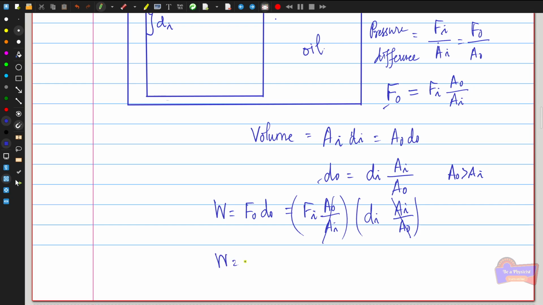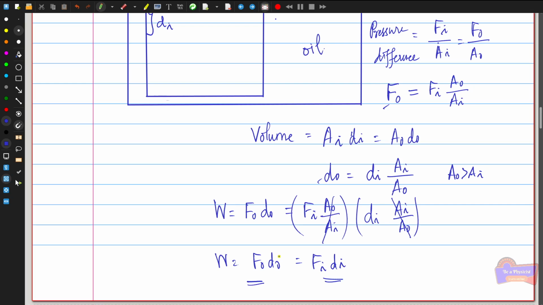So W, which is equal to F_o d_o, is equal to F_i d_i, which shows that the work done on the input piston by the applied force is equal to the work done by the output piston, which is lifting the load placed on it.